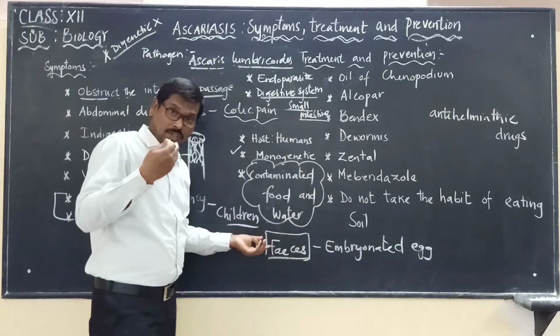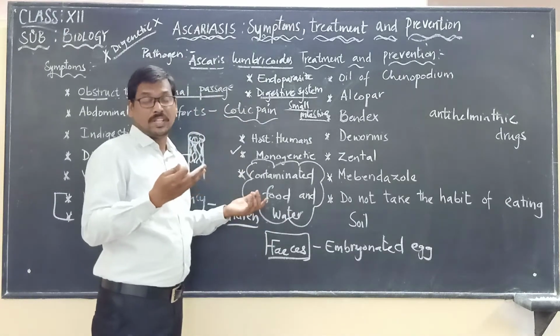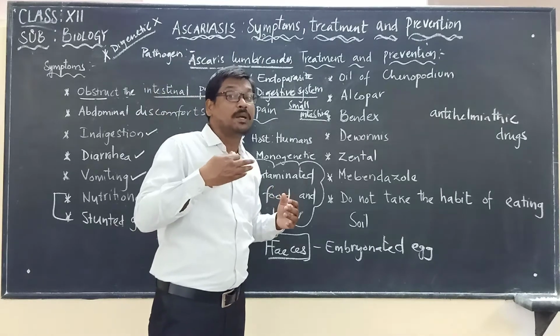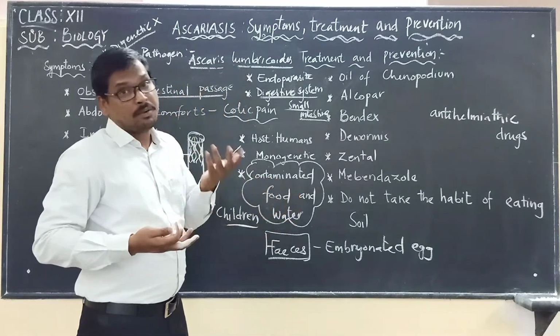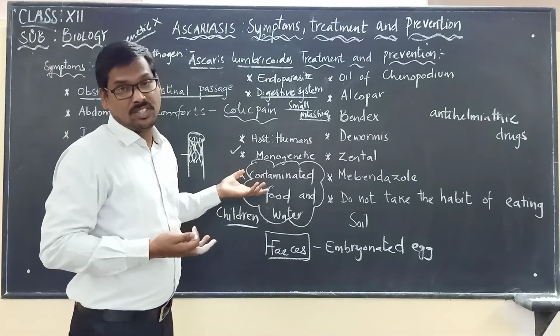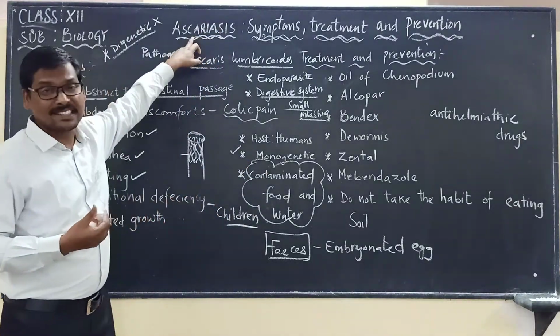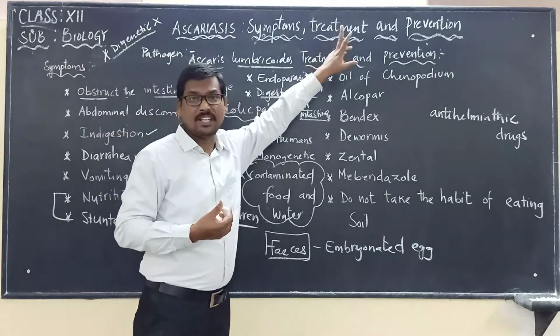In very severe cases these worms may be vomited through the mouth, which is very, very dangerous. So these are some points to keep in mind about Ascariasis: symptoms, treatment and prevention.